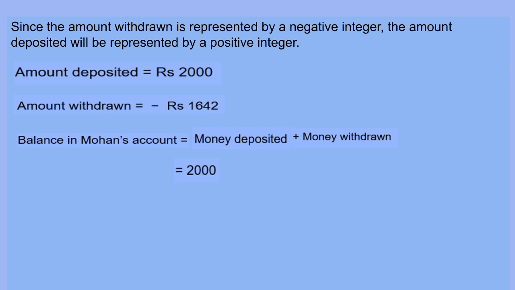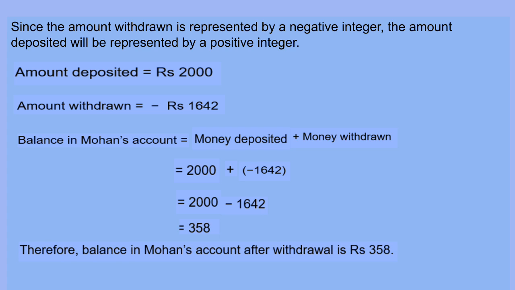So I am going to put all these values, 2000, then this plus symbol, and in bracket minus 1642. Here plus into minus is minus 1642. So here different sign means what? You are going to subtract the smaller value from the larger value. So I got 358. Therefore the balance in Mohan's account after withdrawal is rupees 358.